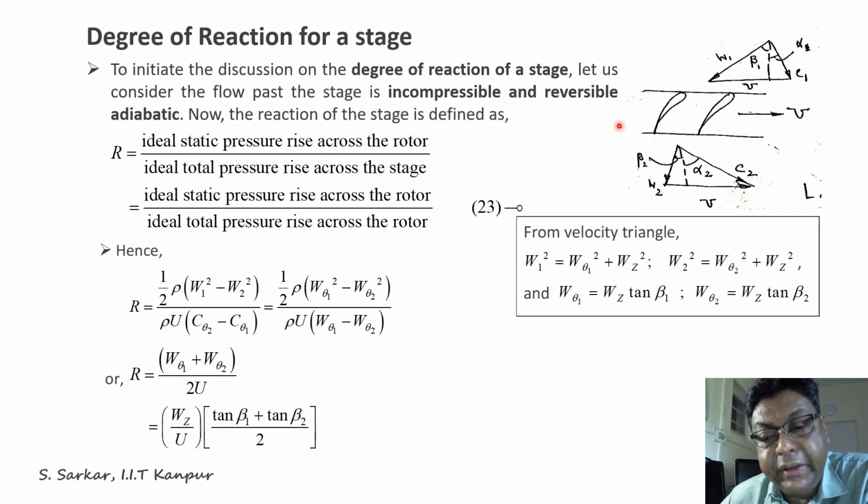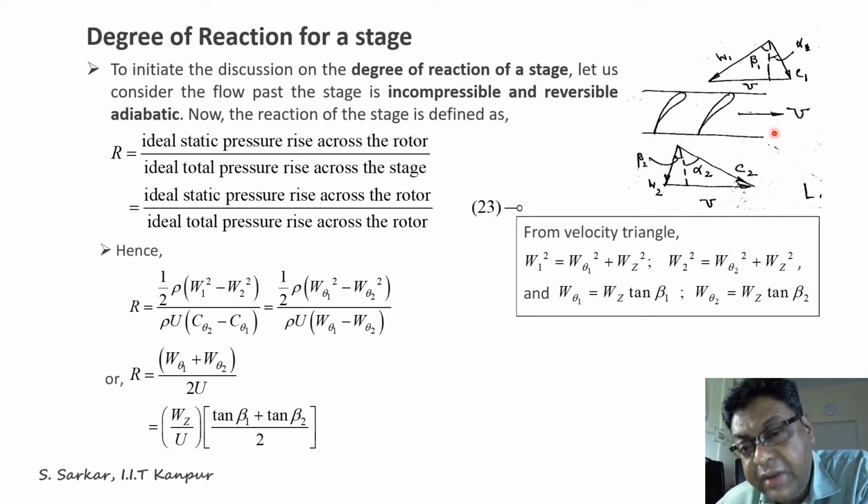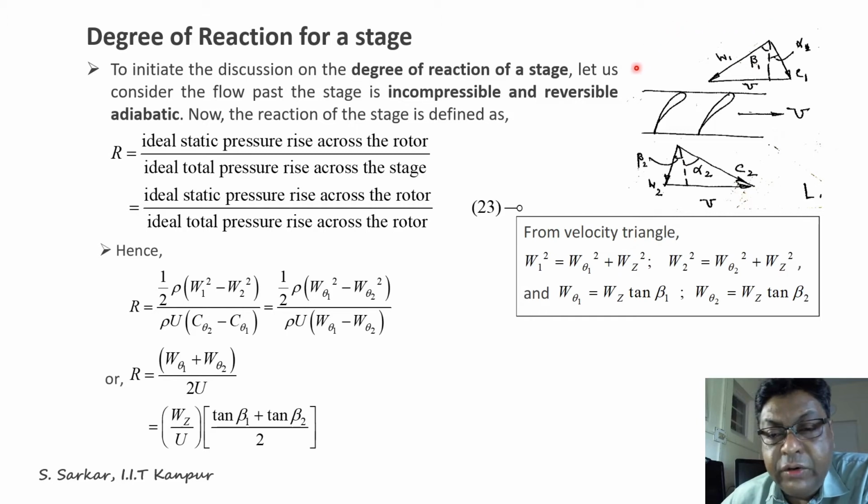Here I have indicated the velocity triangles at inlet and exit of a rotor, where U is the blade speed and W being the relative velocity and C is the absolute velocity and beta is the relative air angle and alpha is the absolute air angle. The subscript 1 represents inlet and 2 the exit. I have illustrated all the velocity triangles before.